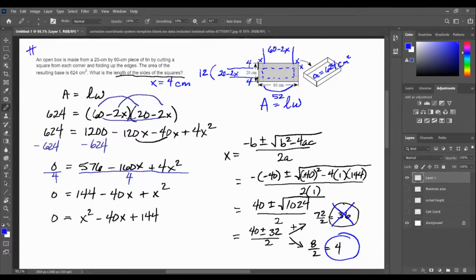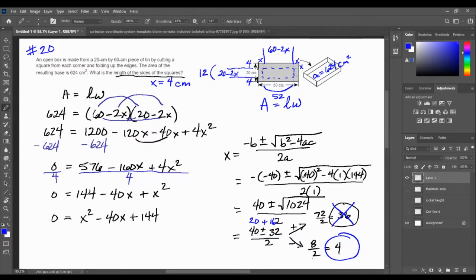Could you reduce it before you actually did the plus or minus? I could. If I reduced both of those, I would have 20 plus 16 is the 36, and 20 minus 16 is the 4.